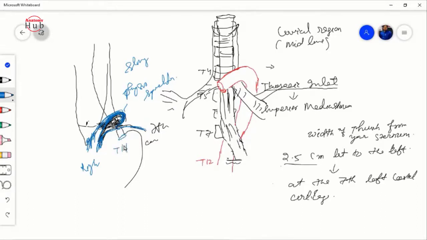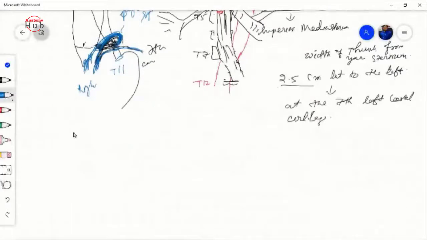Okay, so this esophagus presents some curvatures over here. What are those curvatures? So here you'll find two side to side curvatures.